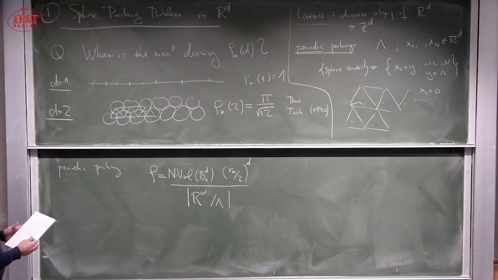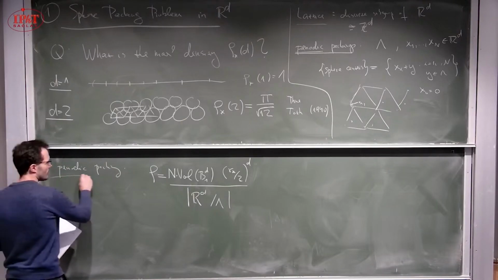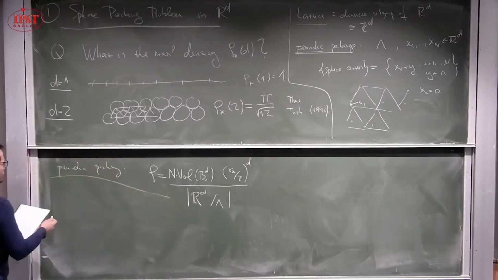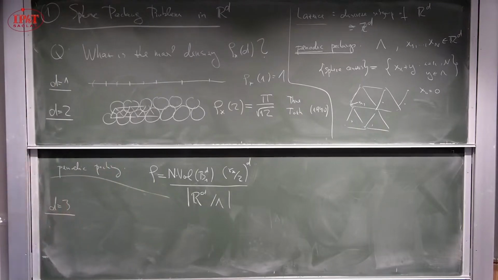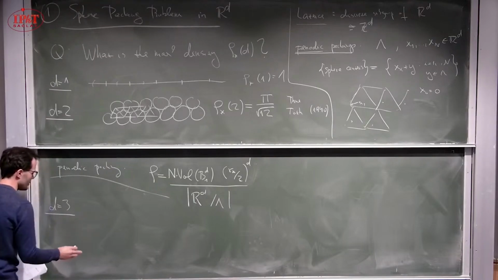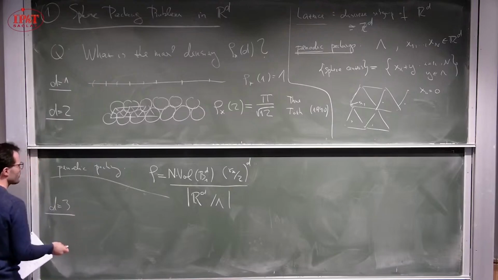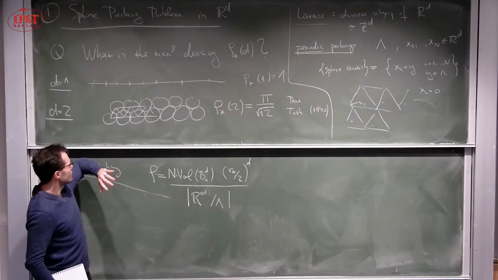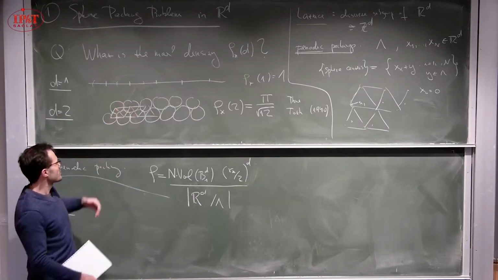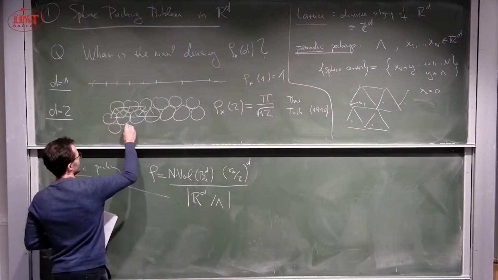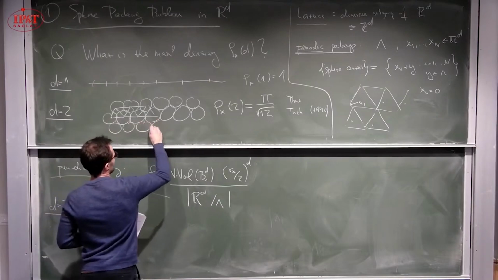Okay, and now this was just a last intermezzo. Let me quickly say what happens in d equal to 3 dimensions, which is interesting but somewhat tangential to what I'm trying to say today. Kepler's conjecture was that the optimal packing you basically get by stacking layers of the two-dimensional packing on top of each other in the third direction. But now you have some choice. Let me use this picture.